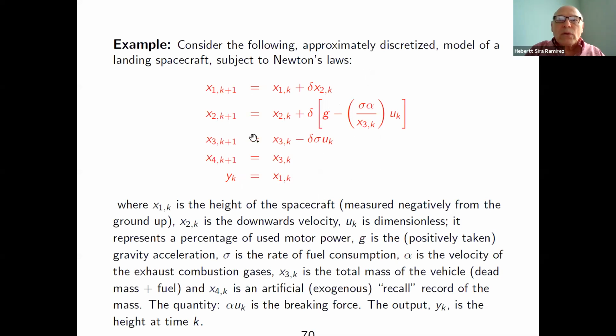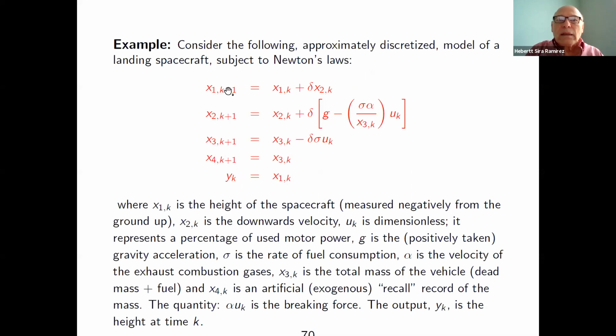Let me give you a short preview of the model. The model comes from the sampling of a nonlinear system, and that nonlinear system is a representation of Newton's second law. So for instance, x1 represents the height of the spacecraft.